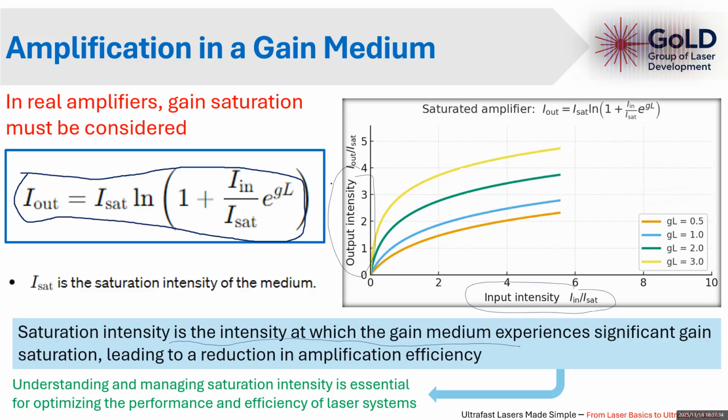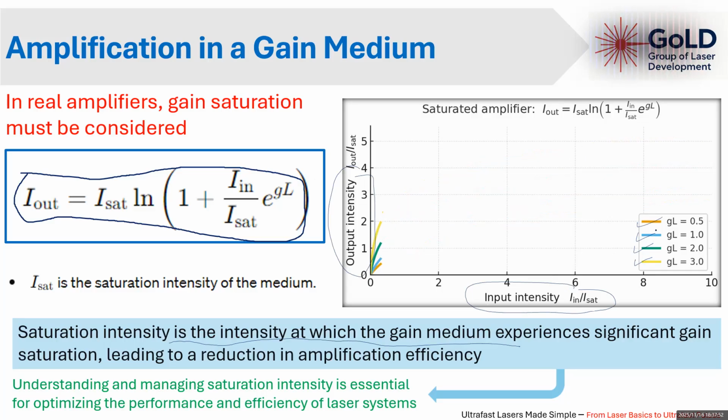There are four plots with different GL values, where G is the gain and L is the length. Starting from here, the yellow one is 3, green one 2, blue one 1, and orange one 0.5.